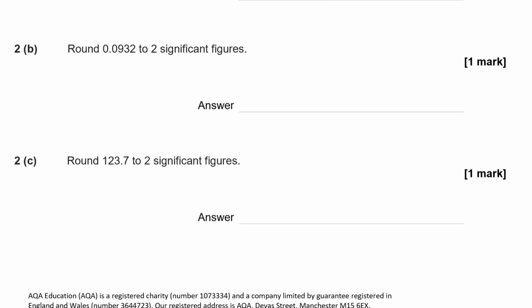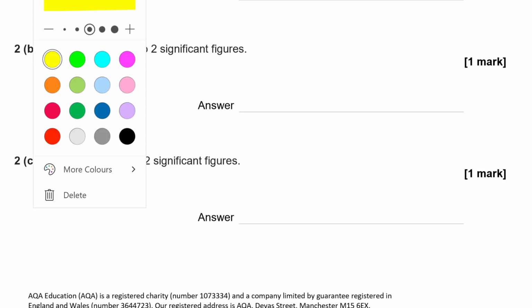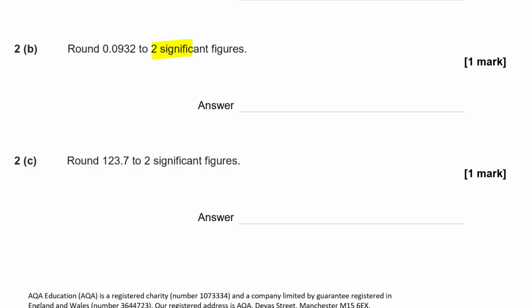Okay, 2b, round 0.0932 to two significant figures. Okay, so I've got more significant figures now. I'm going to have to do two significant figures. My first non-zero digit is my first significant figure. So that's my first, and then the next digit along is my second significant figure. So I'm going to round off after that 3.